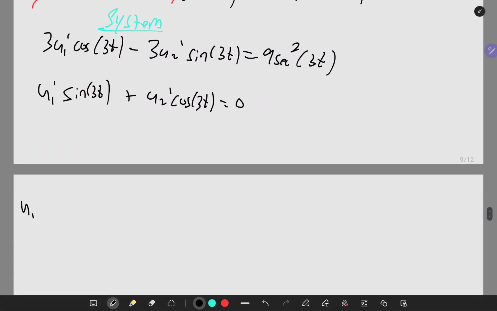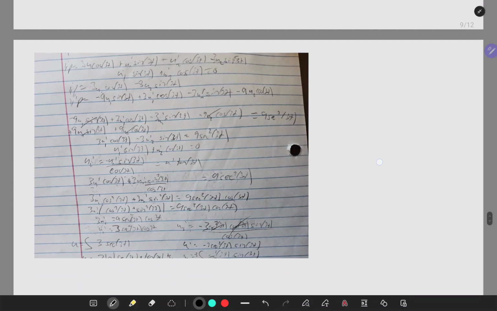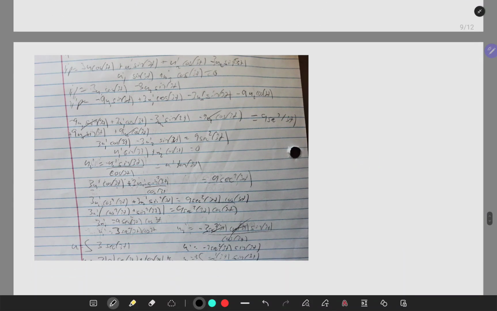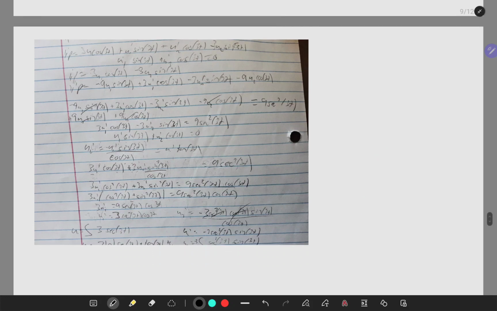You could try substitution, and you can check it with my Cramer's rule. Actually, here, if you want to do substitution, give me 1 minute. I'm going to take a picture of what I did, and I'll paste it into here so you can see it. Alright, so I took the liberty of taking a picture of that. This is the substitution. It started here.